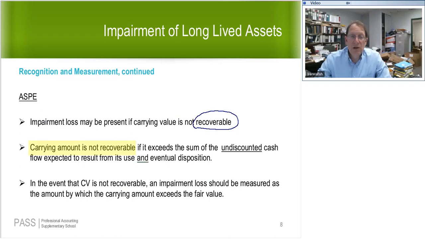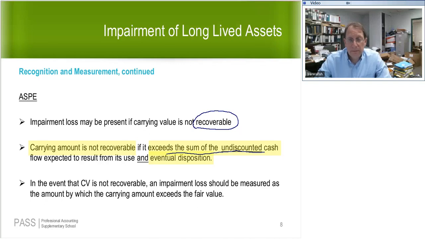If the carrying amount is not recoverable, if it exceeds the sum of the undiscounted, everybody note that, undiscounted cash flows, its future cash flows from its expected use and eventual disposition. So what you have to do is take the future cash flows, plus whatever you're going to get if you dispose of it, compare that to the carrying amount. If it's lower, we have a problem.